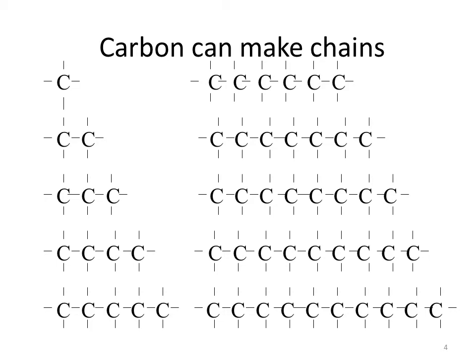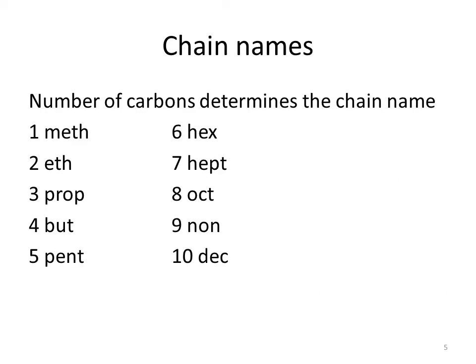Carbons can make chains, as we've been talking about, and you can see I'm showing just a few different lengths of chains. This is what makes organic chemistry so interesting, because carbon is very flexible. The chains all have names telling you how many carbons are in there. So right here I've shown you the prefix that tells you how many carbons are in a particular chain.